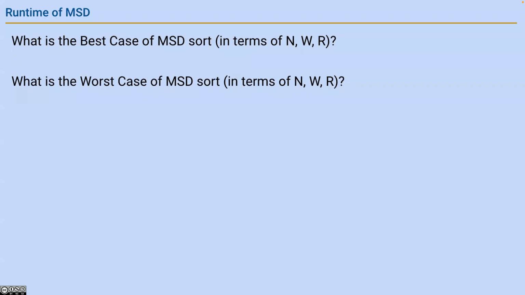Good luck. How about this? If you don't want to find the formula, give an example of a best case input and an example of a worst case input for MSD sort.